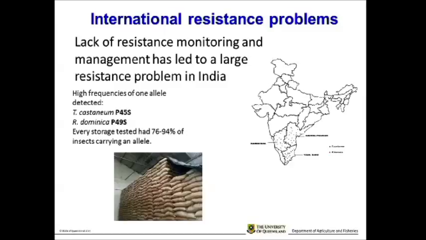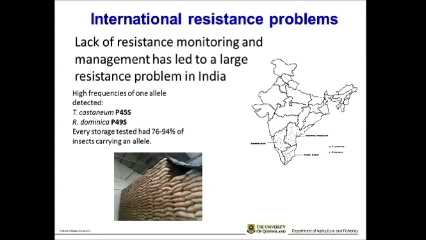We found high frequencies of one allele, the P45S, which is homologous to the P49S in Rhizopertha dominica. In Australia, that's actually the strongest resistance allele that we have by phenotype testing. So they've selected multiple times for their strongest alleles, and those alleles are found across the country.